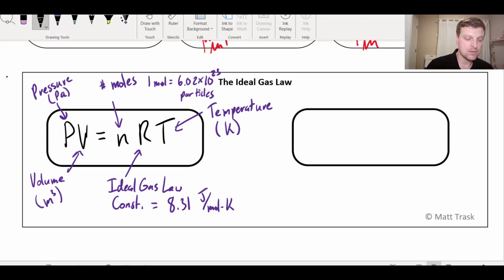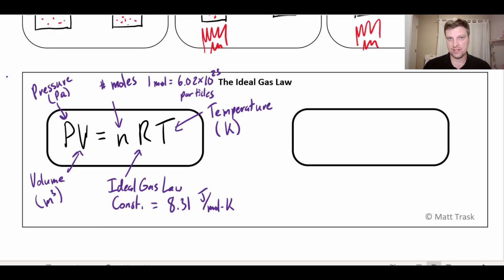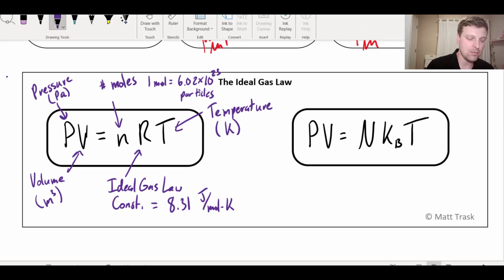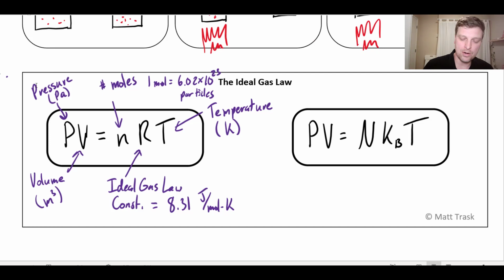Now, the other version of this law that you might see looks very, very similar, but we just switch out the constants. It just looks like this: PV equals N k_B times T. And you can see that the variables are all the same. All that changes here is whether we're going to talk about moles or whether we're going to talk about particles. So N here would just be the number of particles.